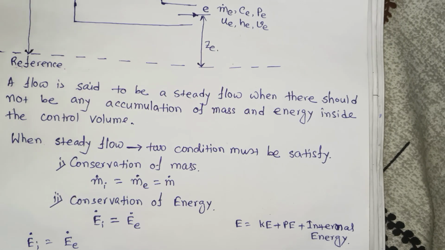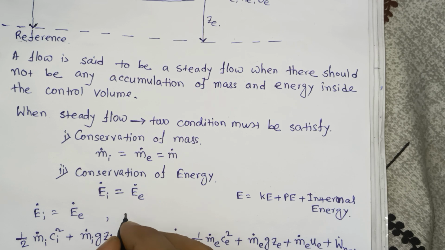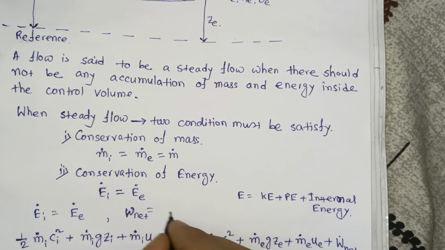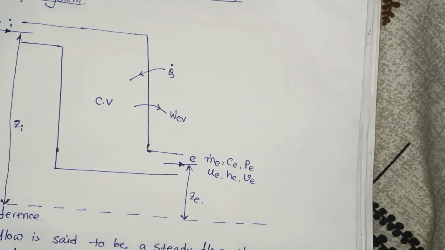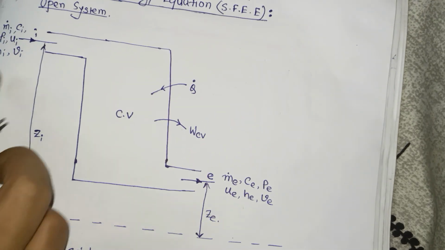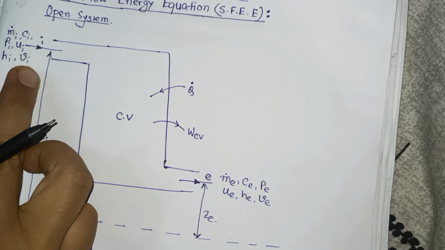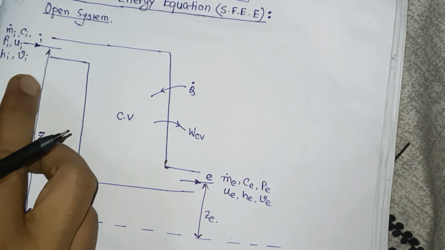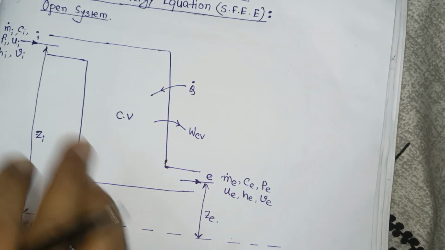So remember that W net is equal to W of control volume, the work by the system. At the inlet there is work done into the system, that means work done by the surroundings, that is Pi Vi.